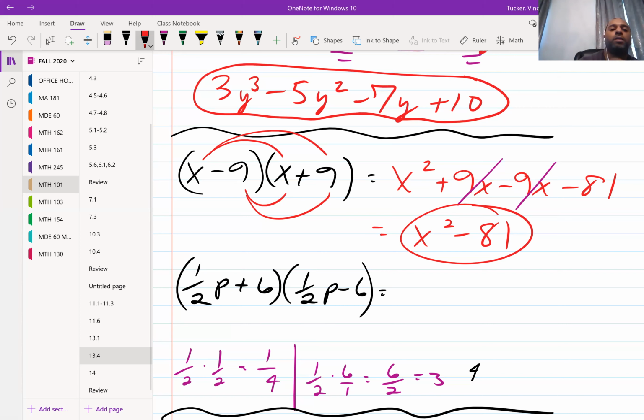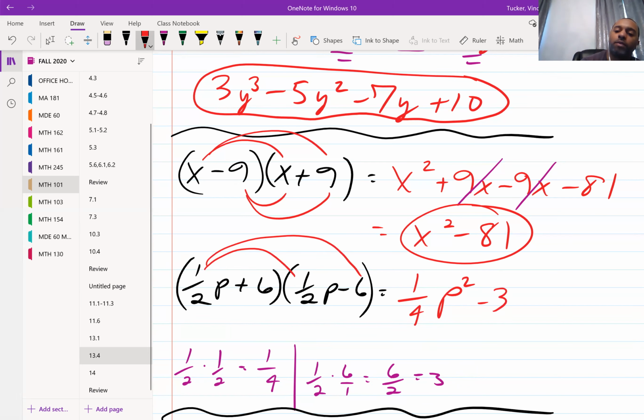All right. Same thing here, 1/2 p times 1/2 p. It's going to be 1/4 p squared. And that's what I have right here. 1/2 times 1/2 is 1/4. 1/2 times negative 6 ends up giving us 3. So half of 6 is 3.